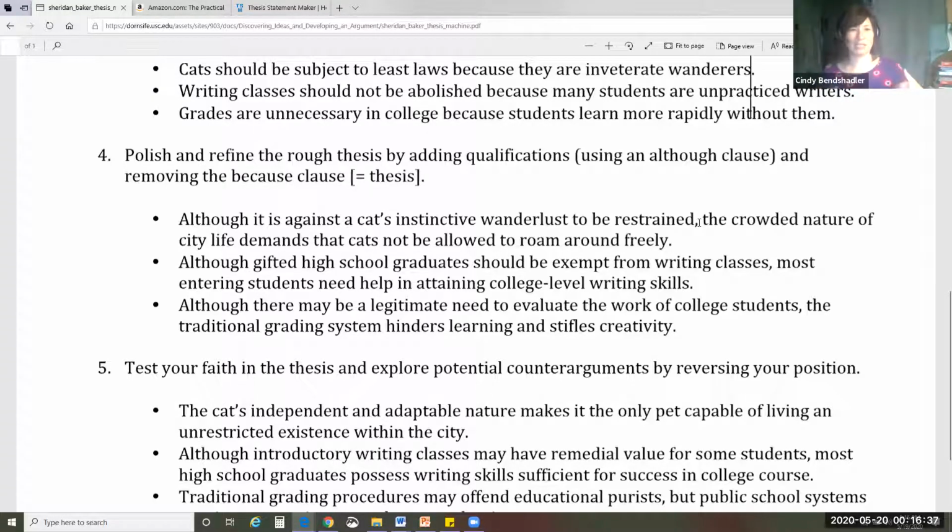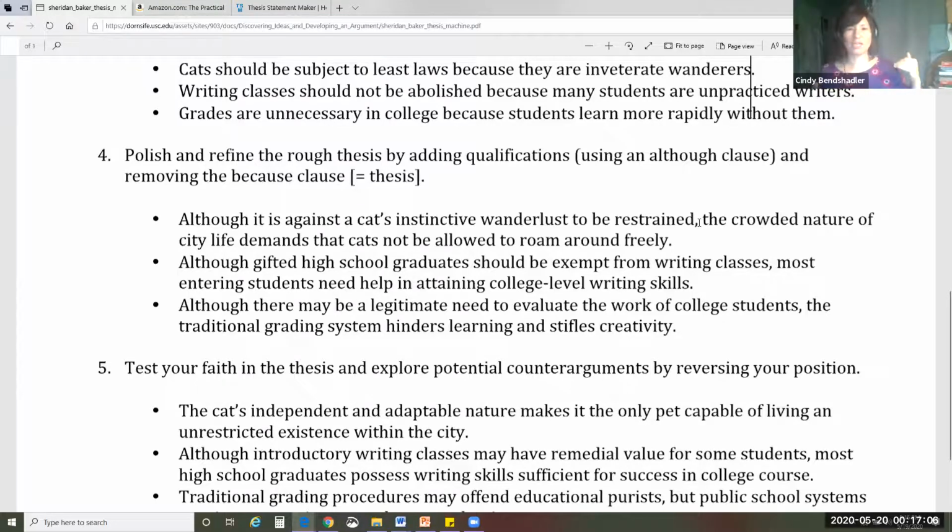In the second example, although gifted high school graduates should be exempt from writing classes, most entering students need help in attaining college level writing skills. So instead of just saying we need writing classes, they should not be abolished, what we're saying is, okay, there are circumstances where maybe we can allow people to test out of a writing class. And yet for the majority of students, a writing class is still necessary. Okay.